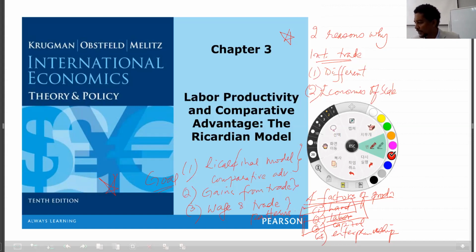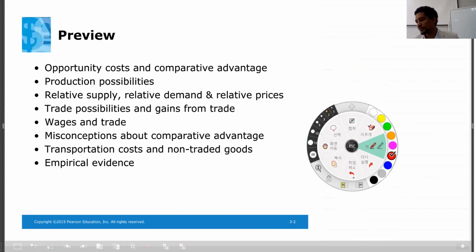Okay, let's go to our preview. So the preview says opportunity cost and comparative advantage. There is what we call comparative advantage and absolute advantage. But when we say comparative advantage, we are talking about opportunity cost.